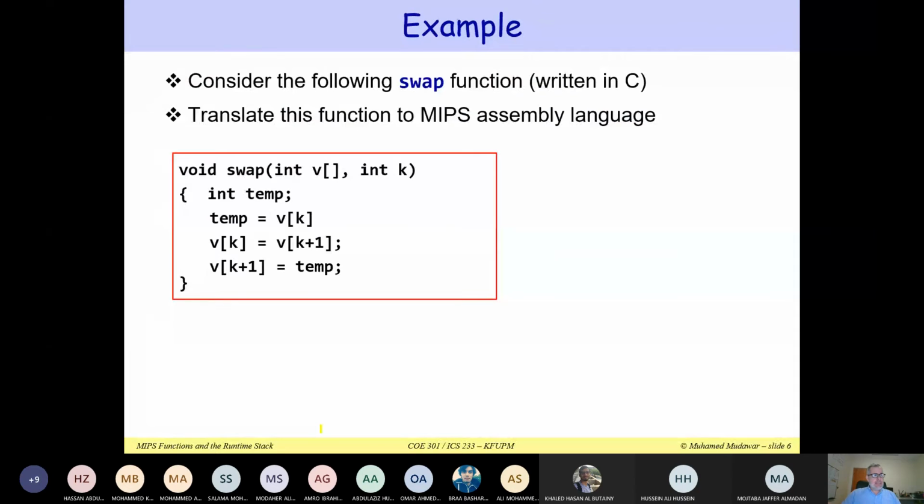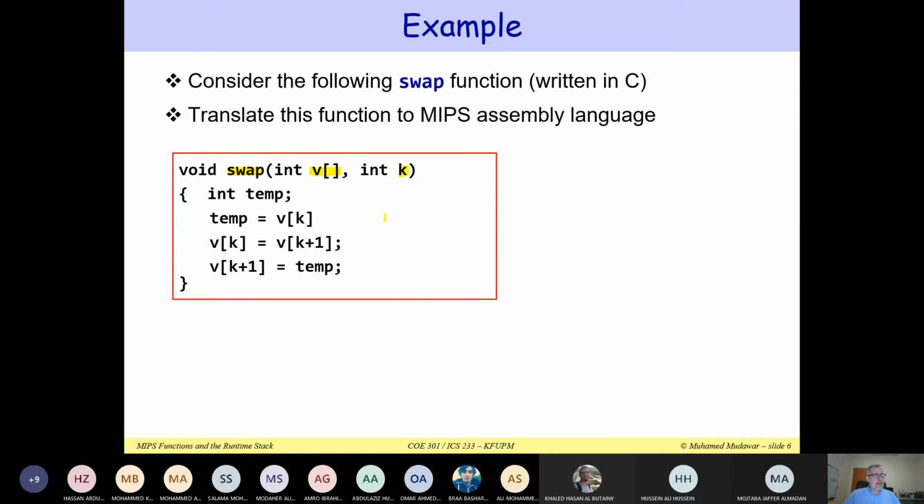Right. So let us take a look at this example. I have an example here about a swap function. This swap function is written in a high-level programming language, which is C. Swap has two parameters: V, an array of integers, and K, which is just an integer.